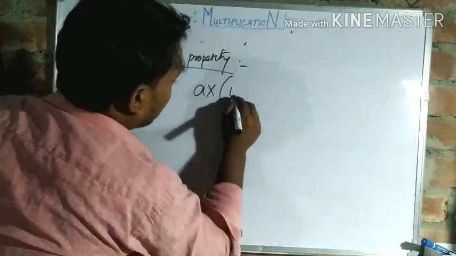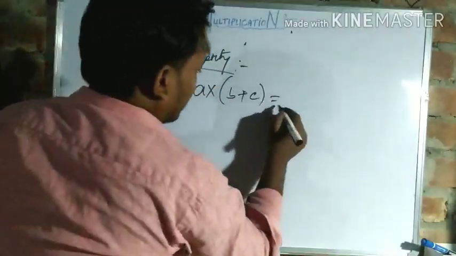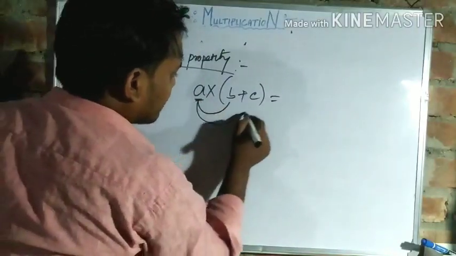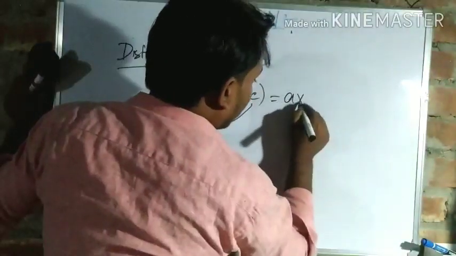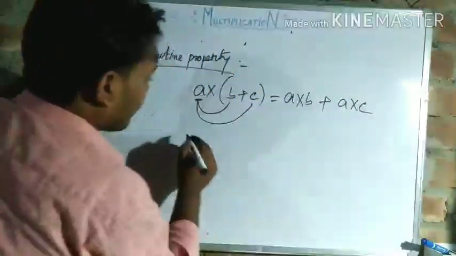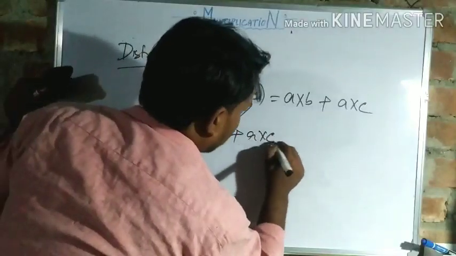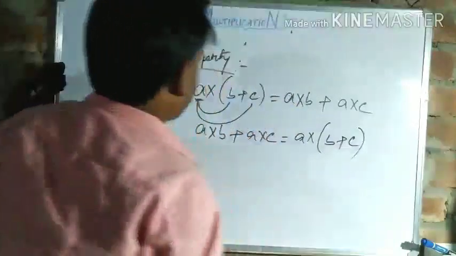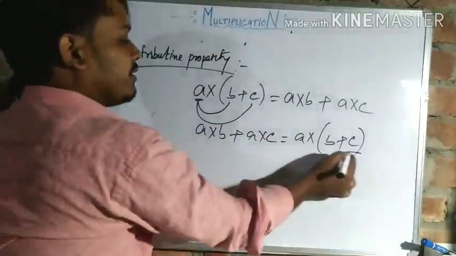A into B plus C. A is distributed with B and with C, and the sign remains the same. So we can write A into B plus A into C. Or A into B plus A into C is equal to A into B plus C. This is the distributive property.